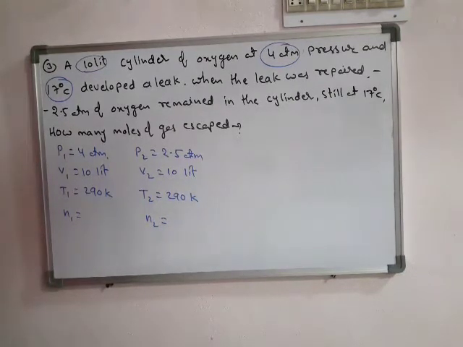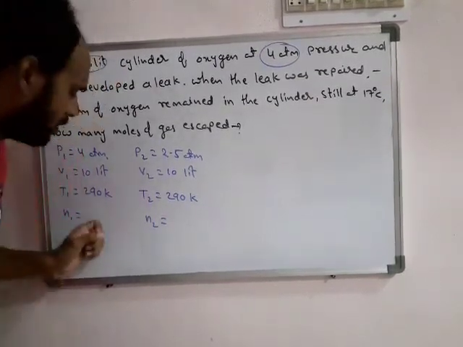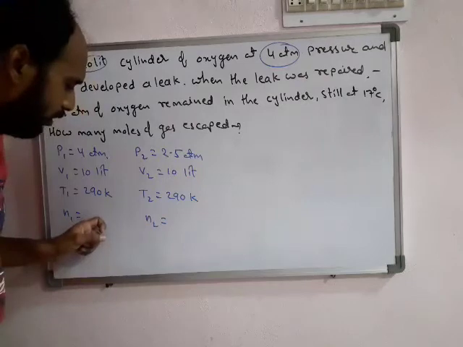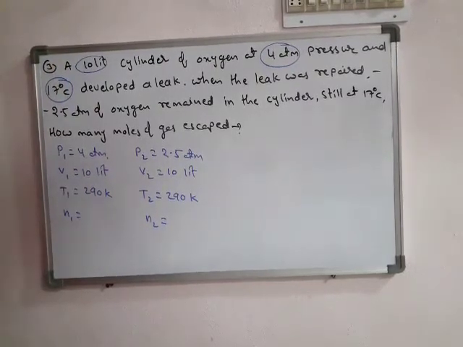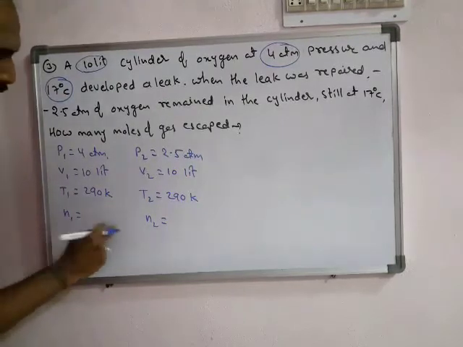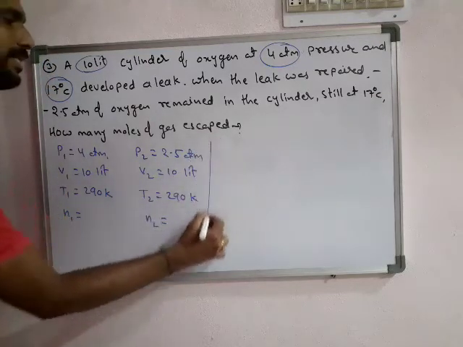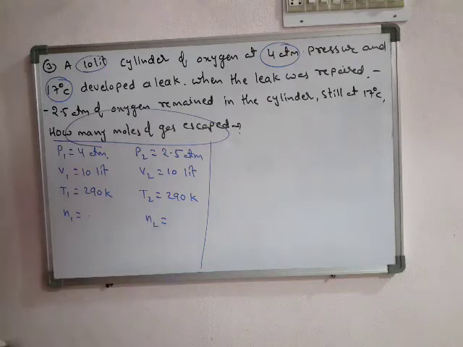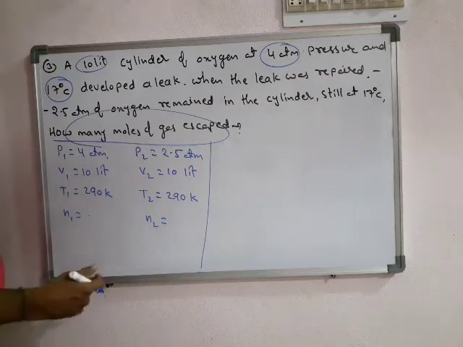In the earlier problem, it was only to calculate the percentage, so we just took 1 there. By subtracting we got the change, and then the change percentage. But here we need exactly how many moles escaped. How many moles of gas escaped is asked: what is there at the start, what is there at the end, what is the change. Now we calculate the first one, the second one, and by subtracting them we will get how much gas escaped.